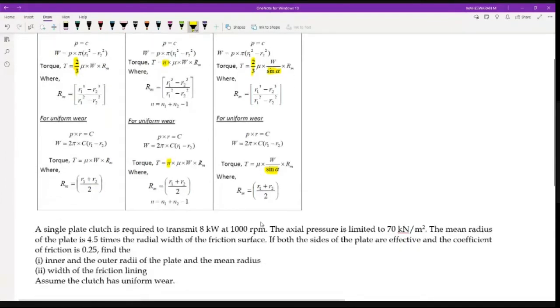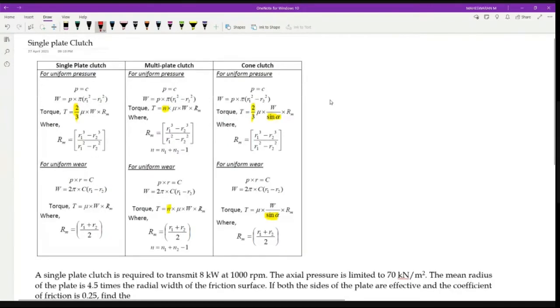And of course, we started with a problem. Whenever you have a problem indicating a new clutch, that comes under uniform pressure.